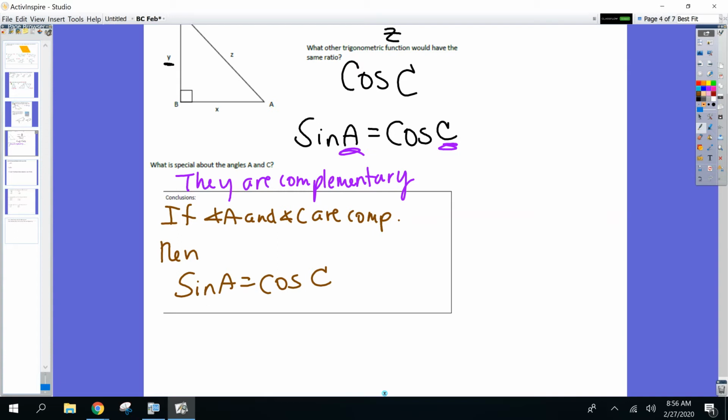But they have to be complementary. This is only true, I can only write this, if A and C add to 90. And then I could also do this too. The sine of C would be equal to what? Cosine of A.